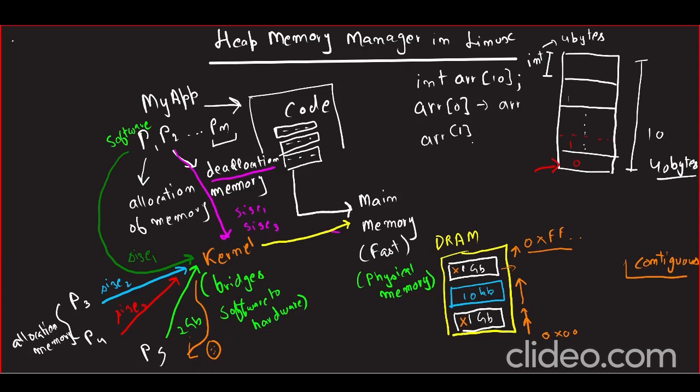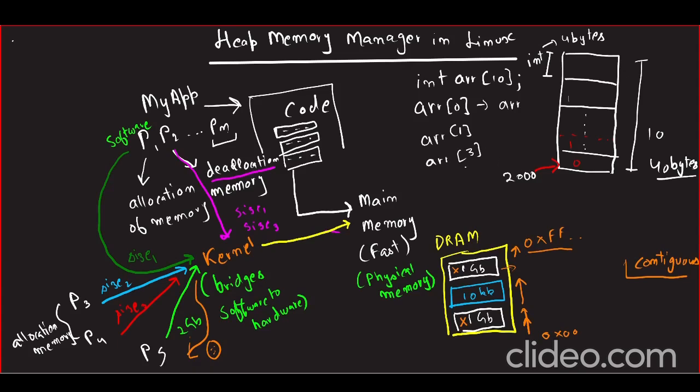Why? Because it's really helpful. Let's say that the starting address of array 0 is 2000, and now we want to access array 3.